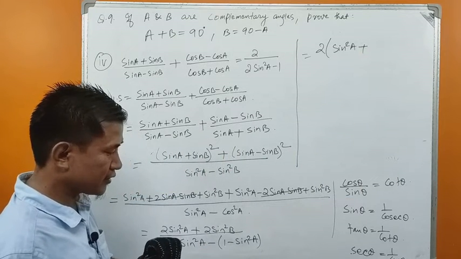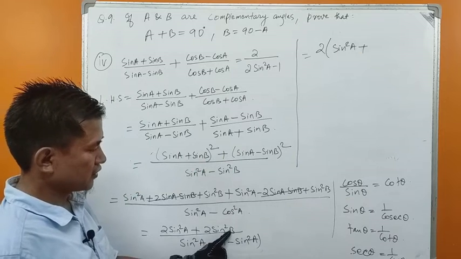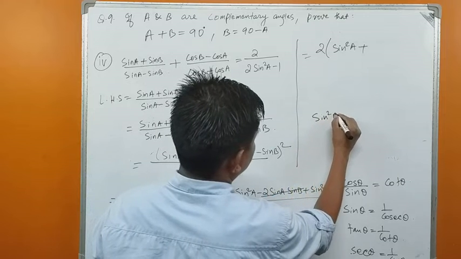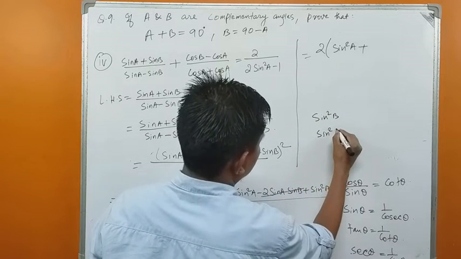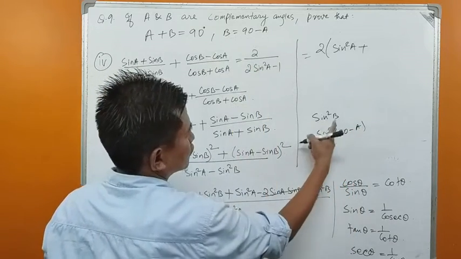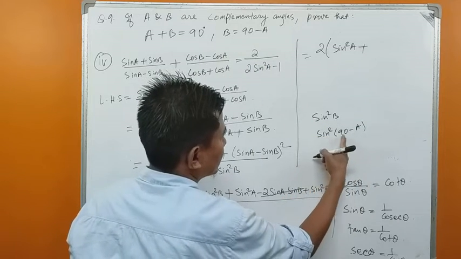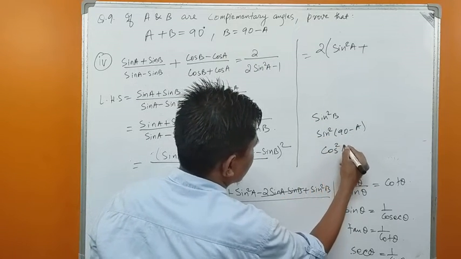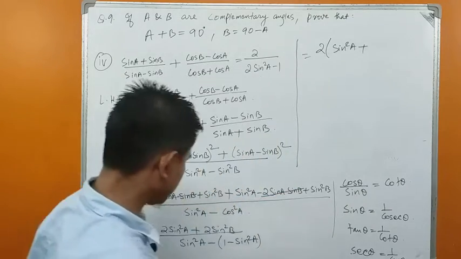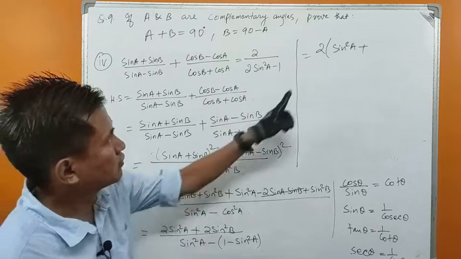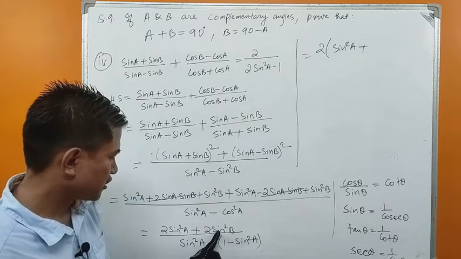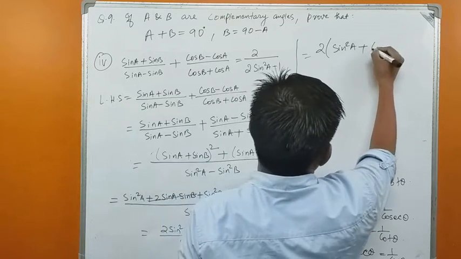Sin square b can be written as cos square a. Sin square b means sin square (90 minus a), because 90 minus a gives us b. So b means 90 minus a. So sin(90 minus a) is cos a, and sin square b can be written as cos square a. Okay. Since 2 is taken common out, we need not write this 2 again. So instead of this sin square b, I can write cos square a.